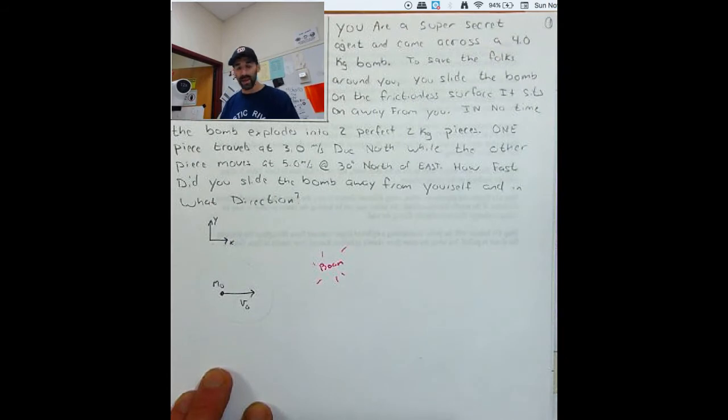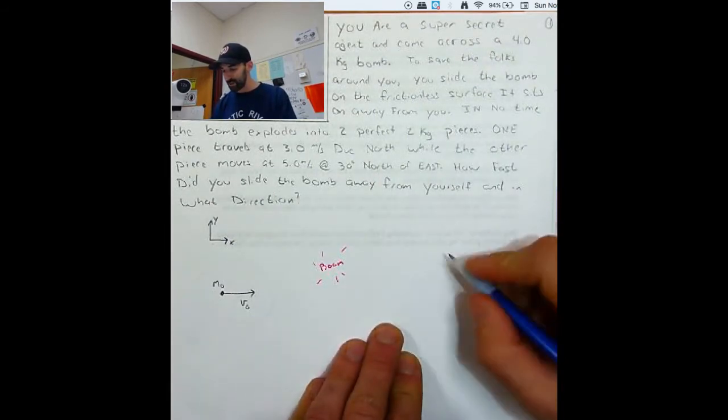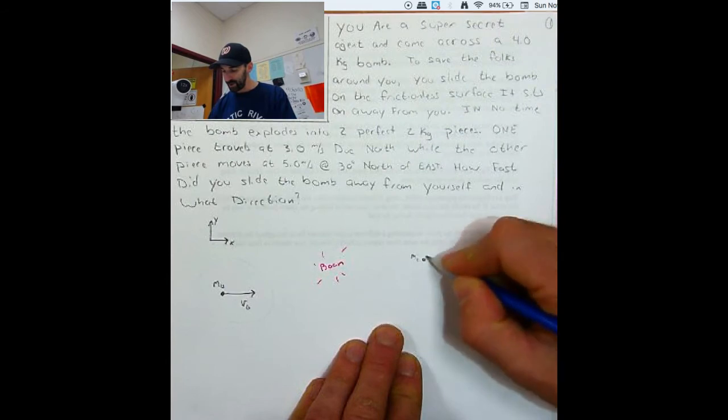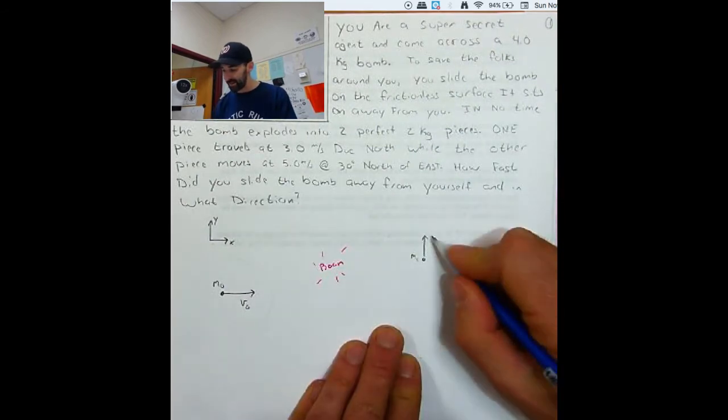Big boom. And what happens next is my object is now going in two directions. I have one piece that I'll just call M1 going due north at 3 meters per second.